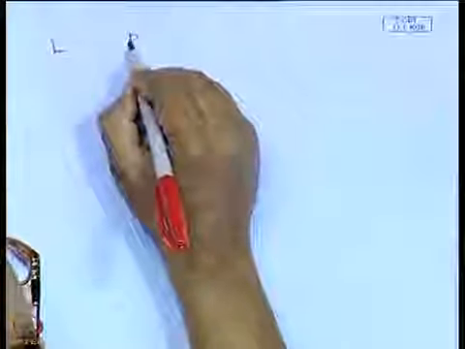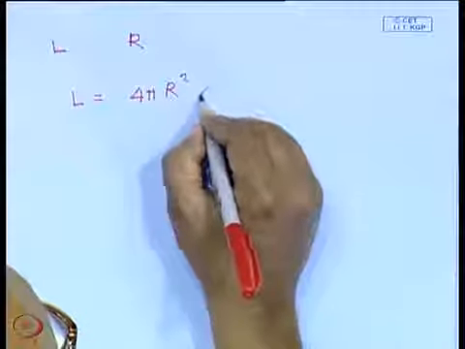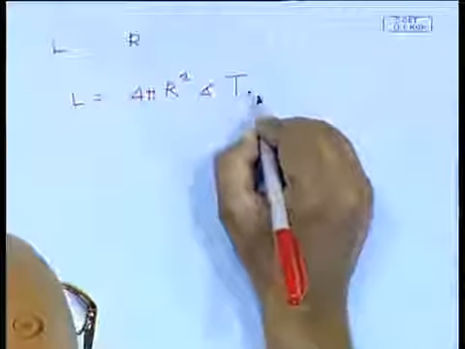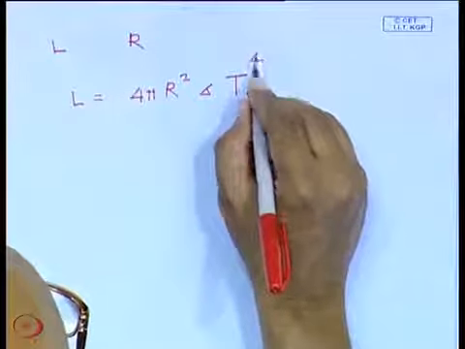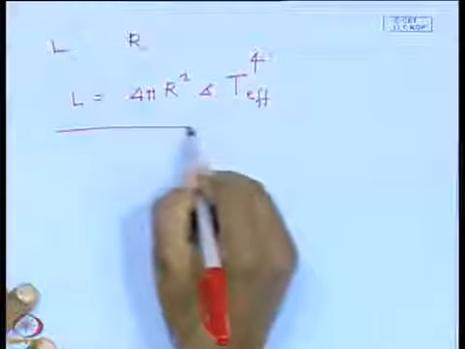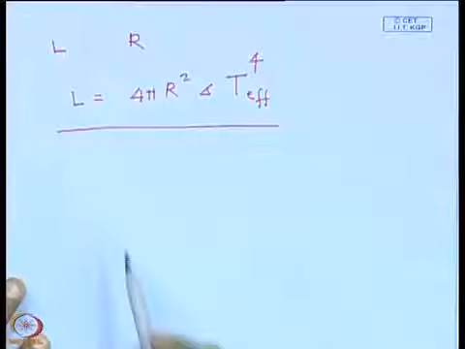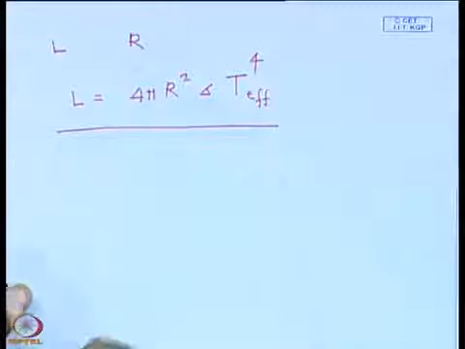Now, for any star, given the luminosity and the radius, you can define what is called the effective temperature, and we have already discussed this for the sun.